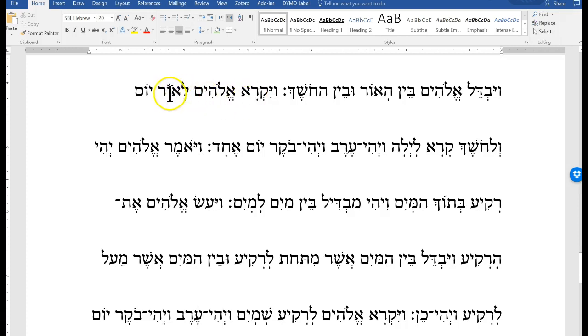God called to the light, day, yom, and to the darkness. So again here, this is the le, but then the, not the shevah, but the A-class vowel implies that it's "the." And to the darkness, he called, kara, layla, night.